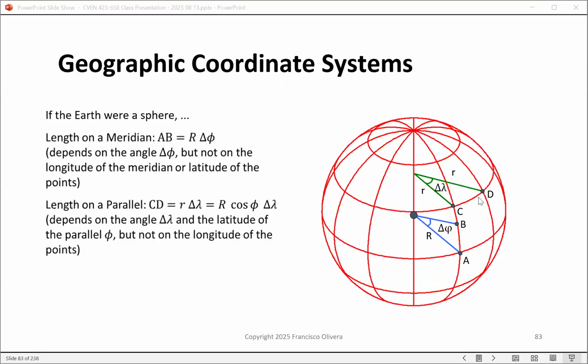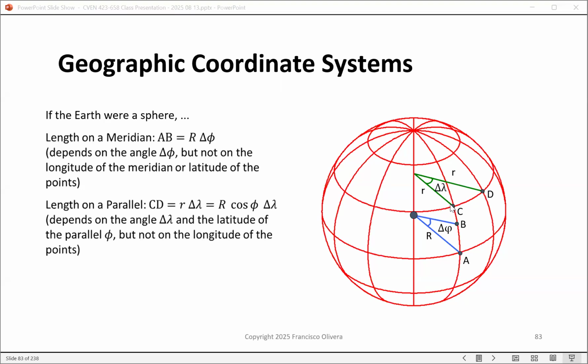When you travel east-west, it depends on the latitude. At the equator is going to be the maximum difference. You can see the distance between these two meridians is the biggest at the equator, but as you move north, it is reduced and reduced and reduced until it's actually 0 at the North Pole. Why is that?